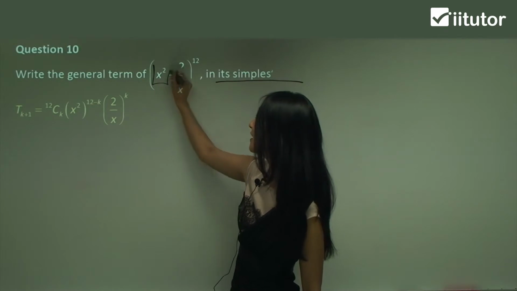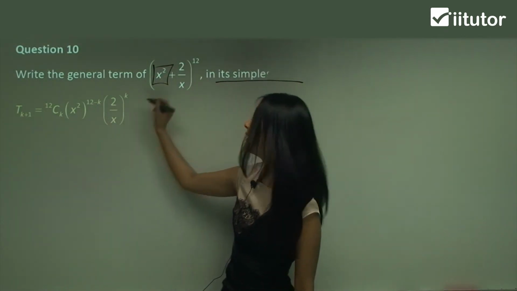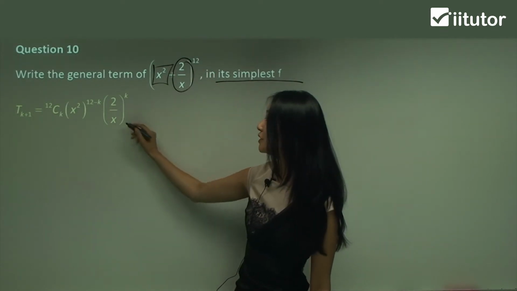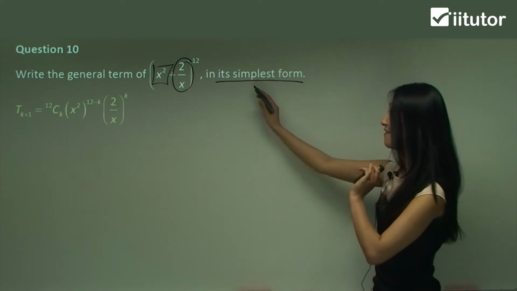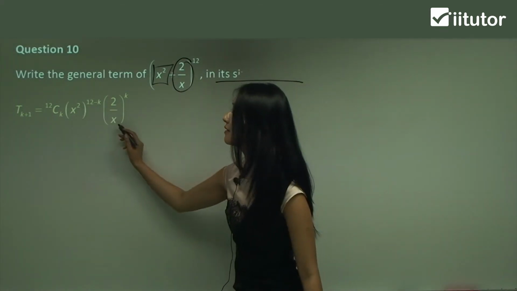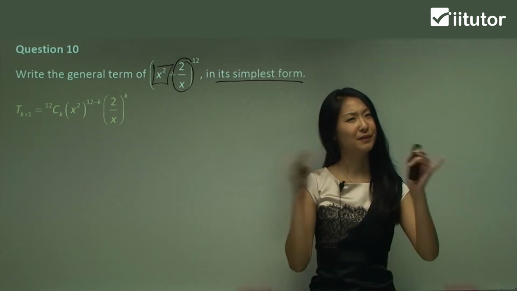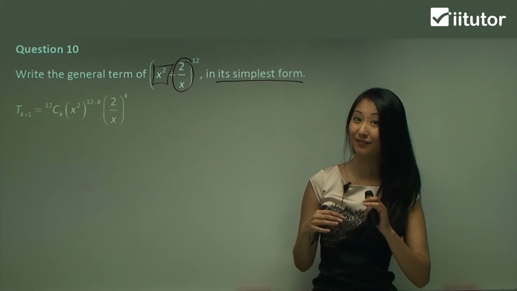This is our first term, x squared to the power of 12 minus k. This is our second term, (2 on x) to the power of k. Super easy. Now, we just need to find it in its simplest form. Can you see how they're both x? So you know you're going to be able to put them together somehow. This is why we need to simplify it.